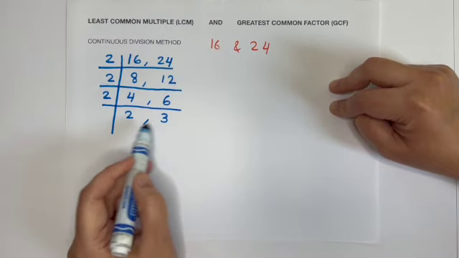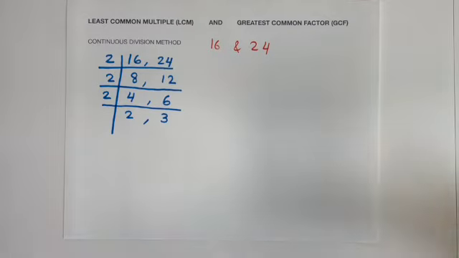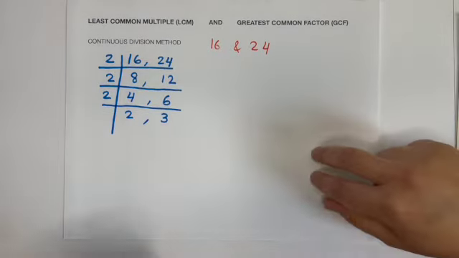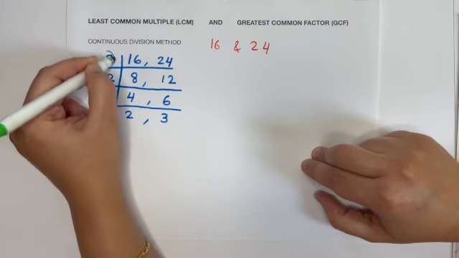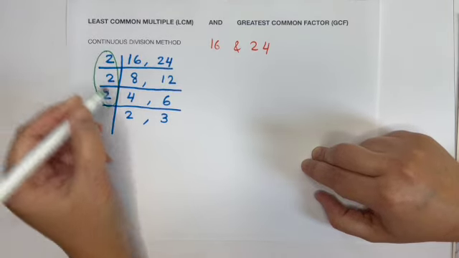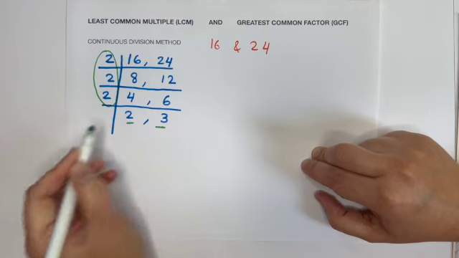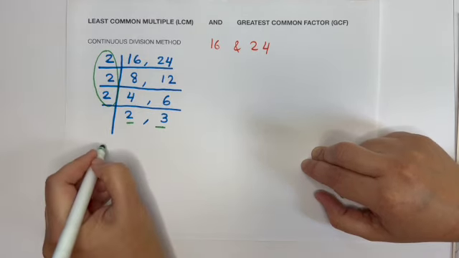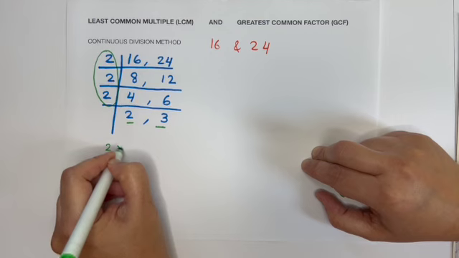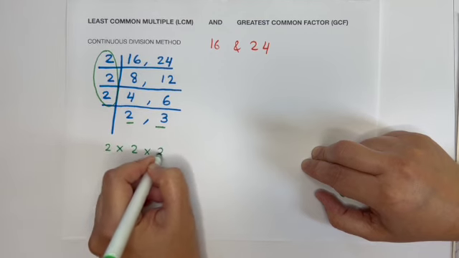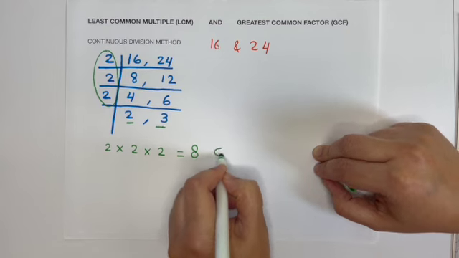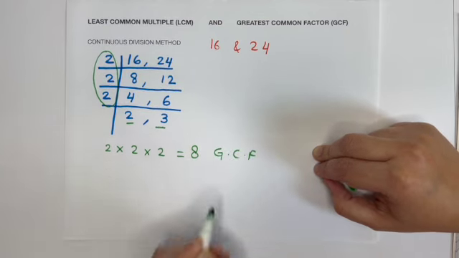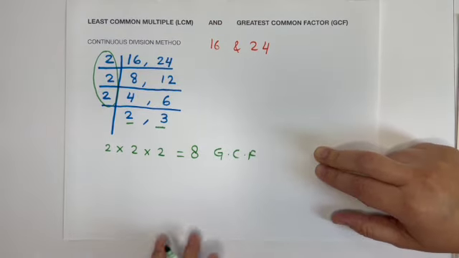Now I ended up at 2 and 3 in the end. That means I cannot go any further since both are prime numbers. The numbers that I used to divide are the common factors, but the numbers left out are not common factors. So I'll list out the common factors and I find again 8, which is the greatest common factor of both 16 and 24.